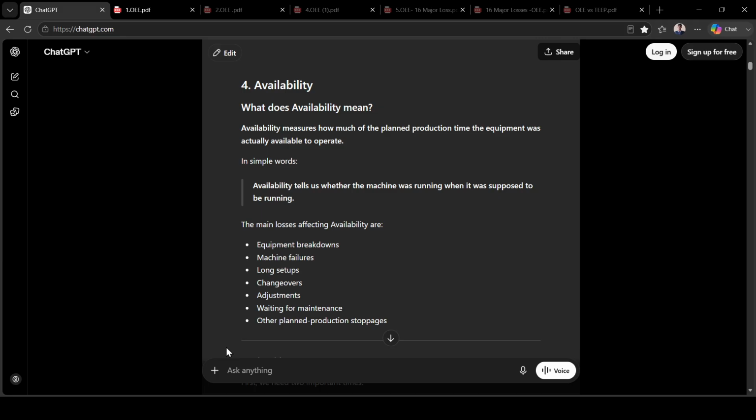First one is availability. What does availability mean? Availability measures how much of the planned production time the equipment was actually available to operate.